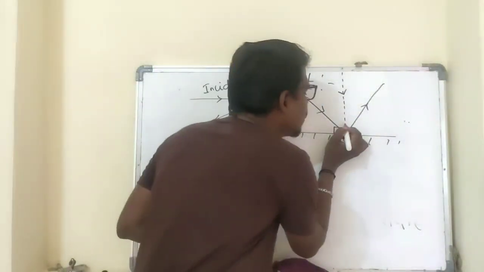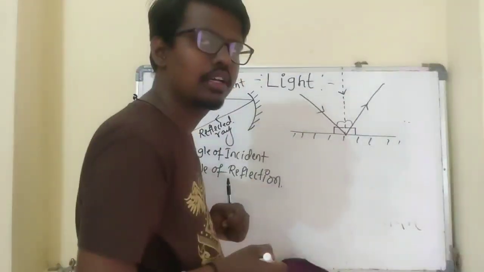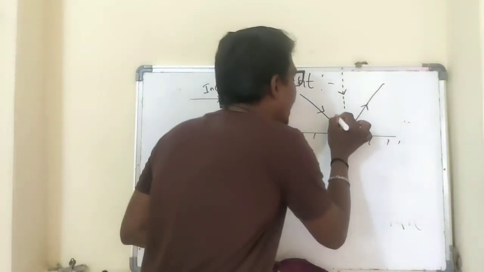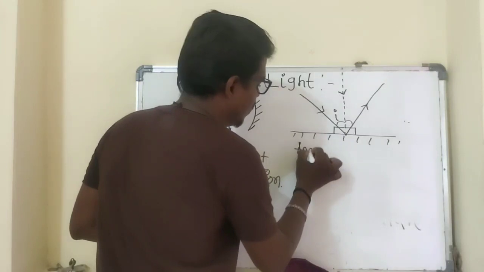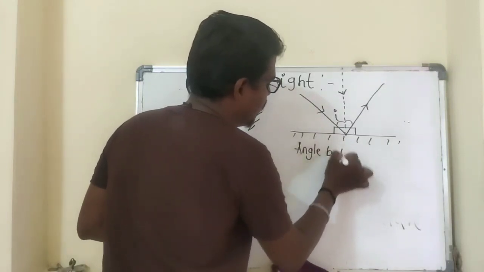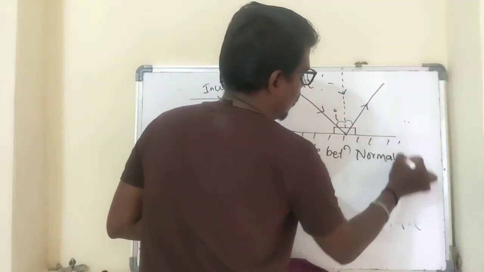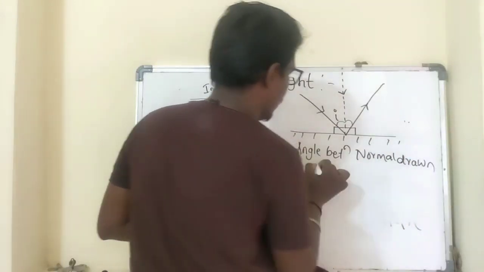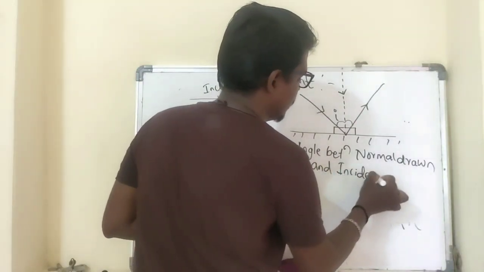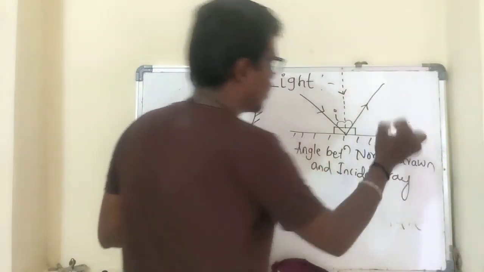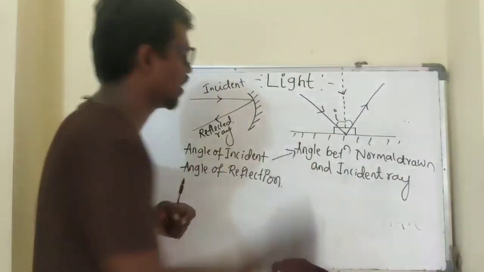The angle formed between the normal and the incident ray is known as the angle of incident. This is the definition of angle of incident.